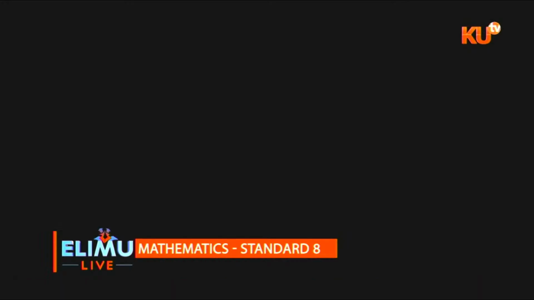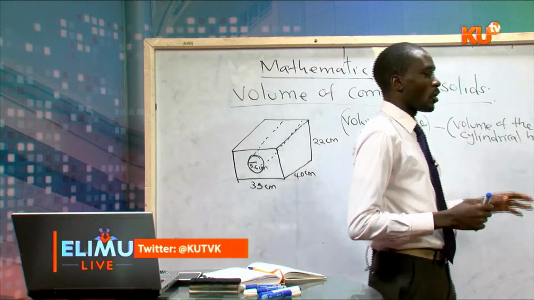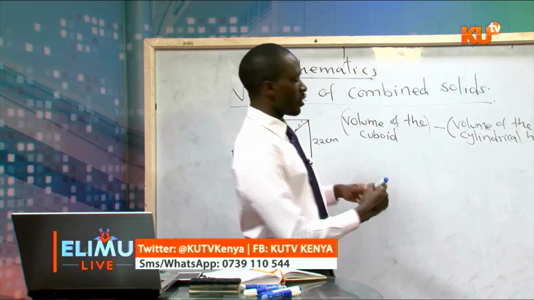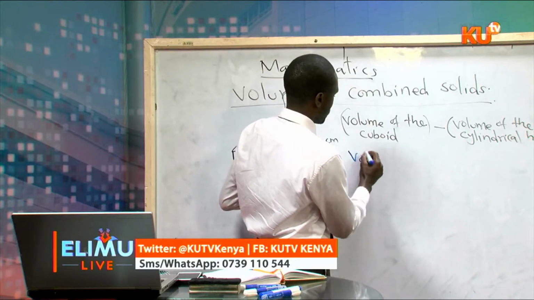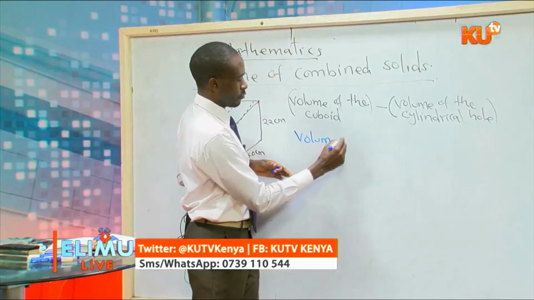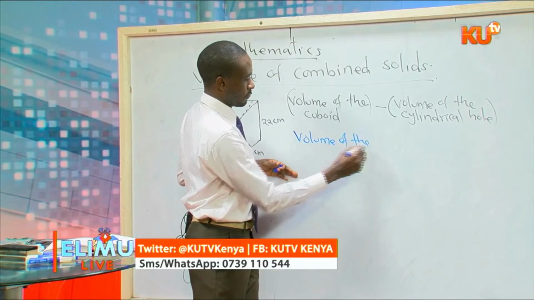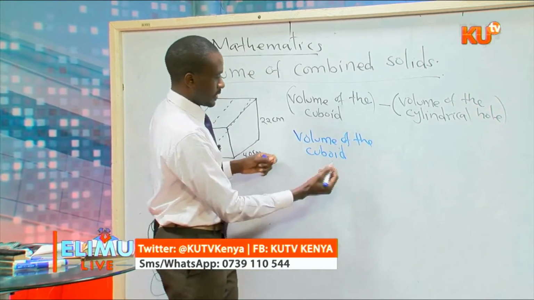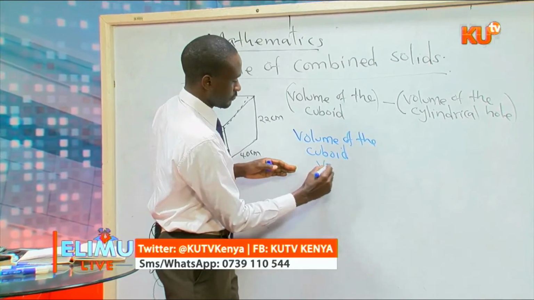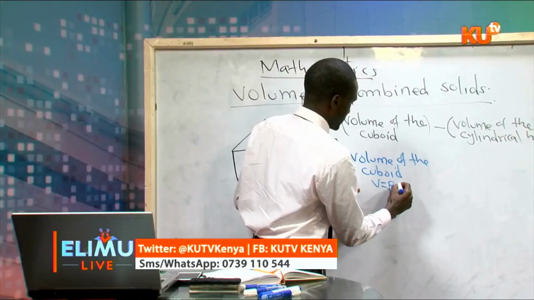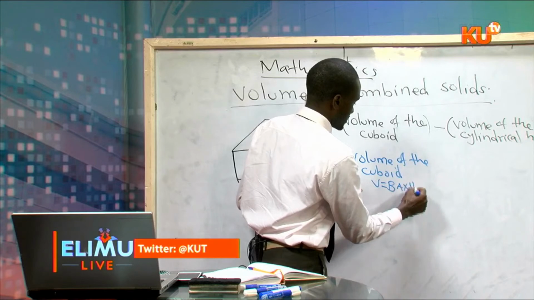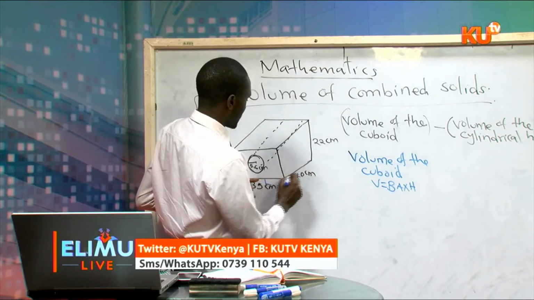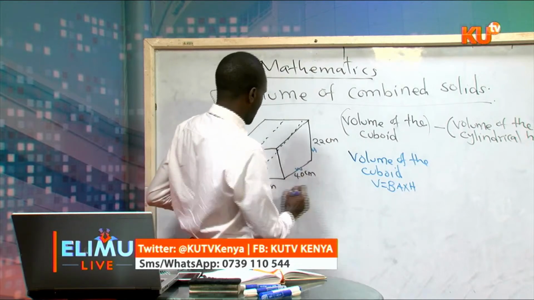Now, how do we get the volume of the cuboid? Volume of a cuboid is base area times height. Now, the base area, whereas length, width, height.